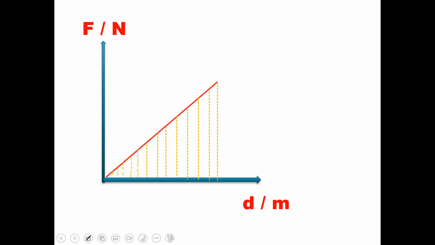Now look at this graph. Can you tell me what the gradient shows and what the area shows? Remember, gradient is y upon x, and area is y into x.